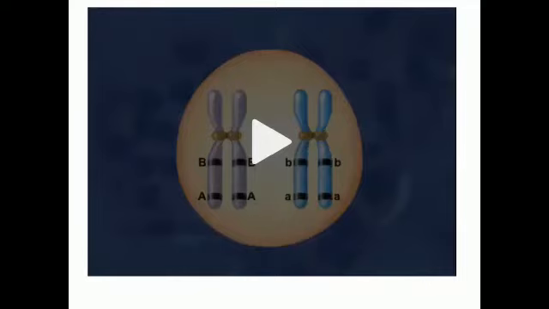And he saw that in cross 1 or cross A, the recombination rate is 1.3%.